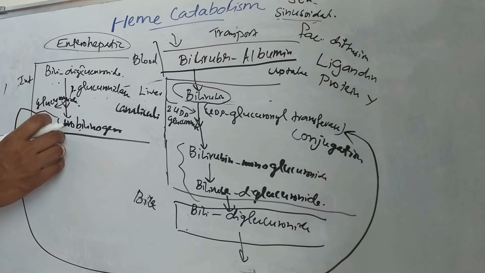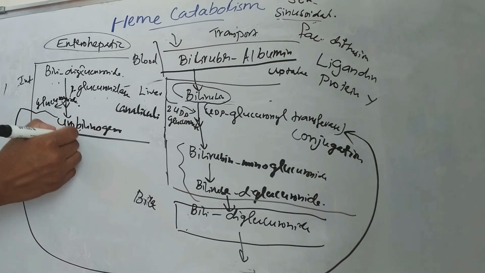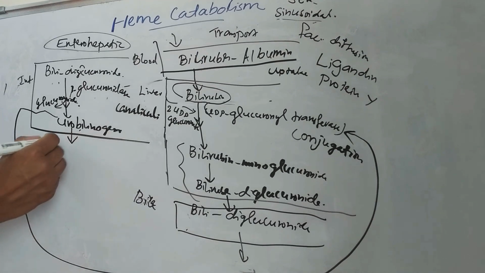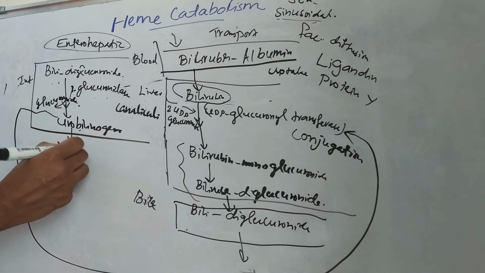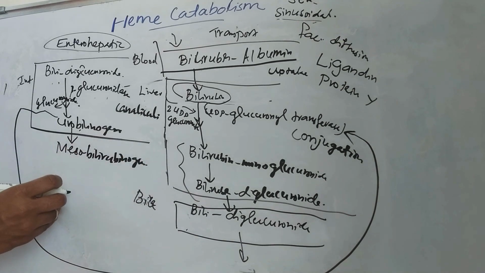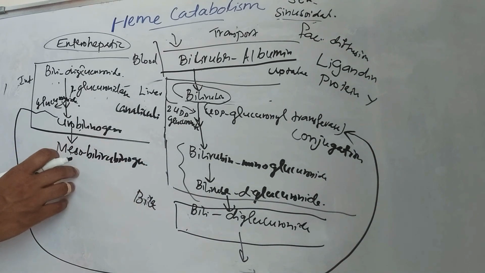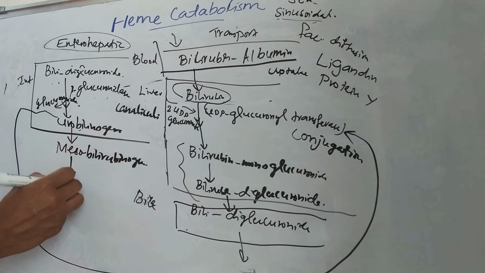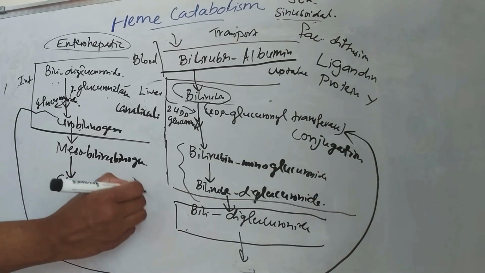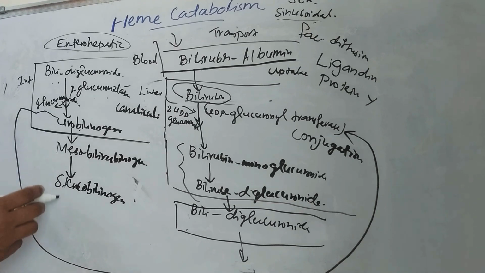So, in the intestine, progressive reduction occurs and it produces a series of intermediates. First it will produce mesobilirubinogen, which is a colorless substance, and then it forms stercobilinogen.